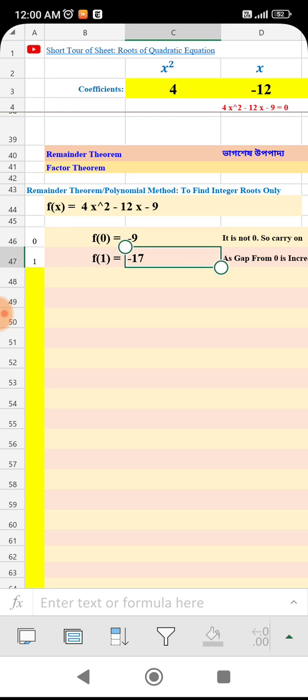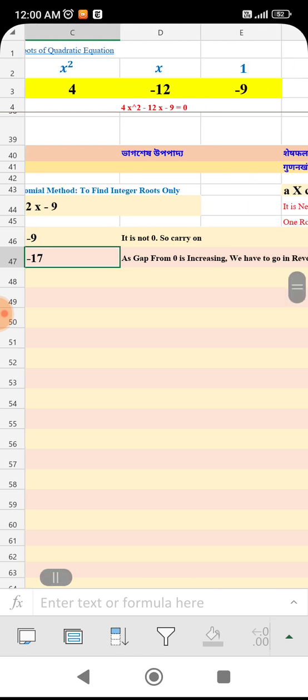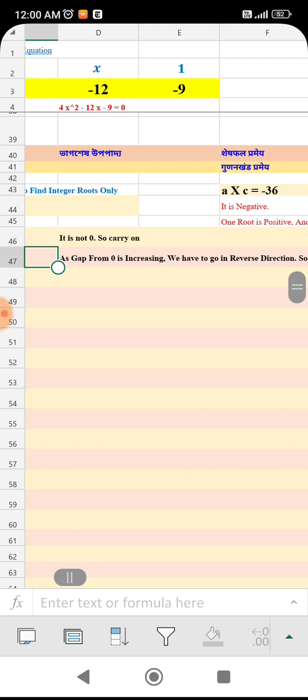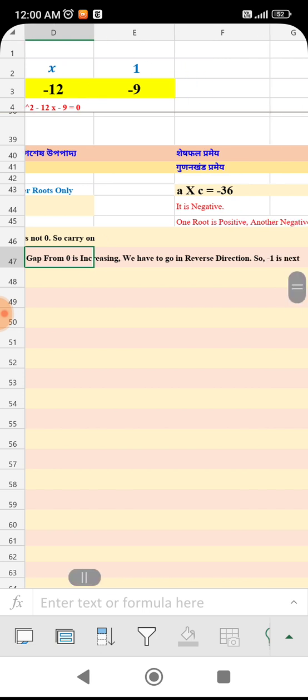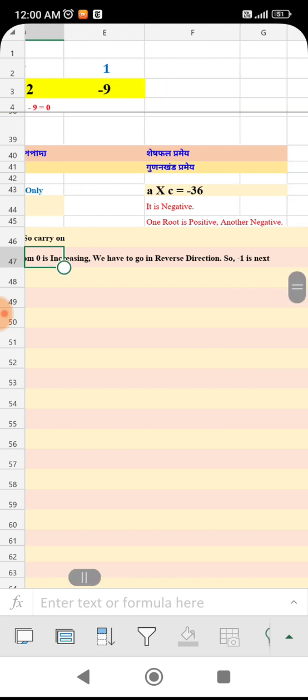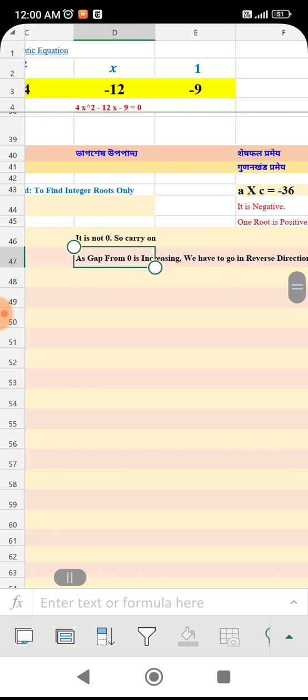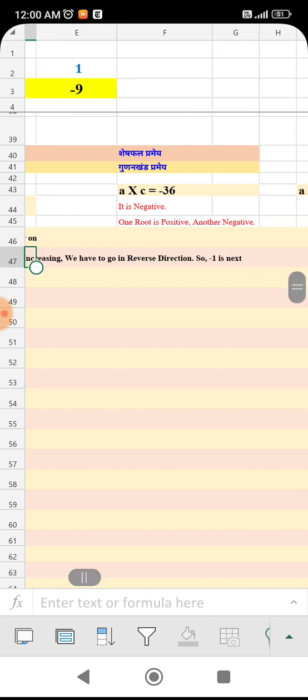That means it is not getting closer to 0. It is going more downwards, and the gap from the 0 line is increasing. So we have to reverse the direction, that means we have to go to -1.